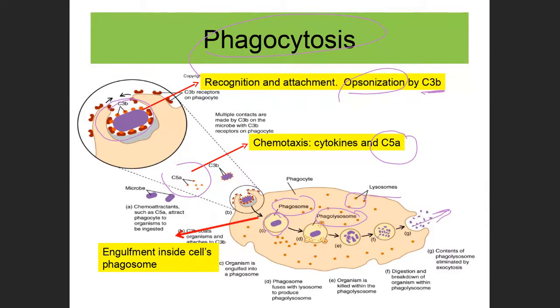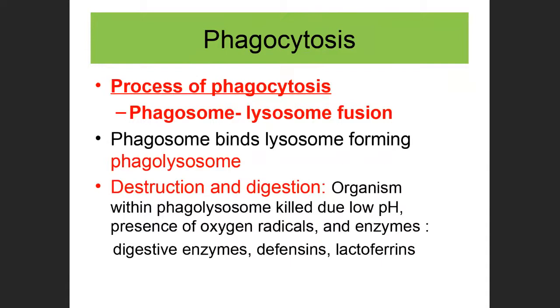So you should have an idea of what happens when a bacteria is phagocytized. Know the difference between a phagosome versus a phagolysosome, which is the fusion of a phagosome and a lysosome. Know the types of substances that lysosomes have that will kill the bacteria.